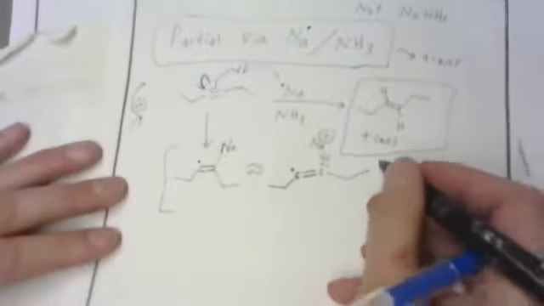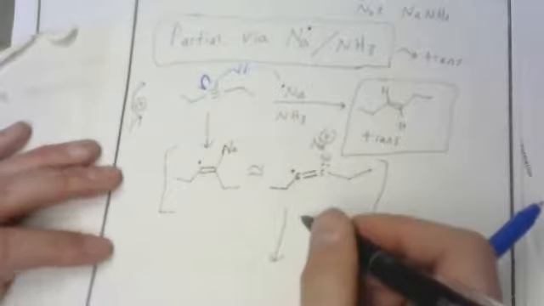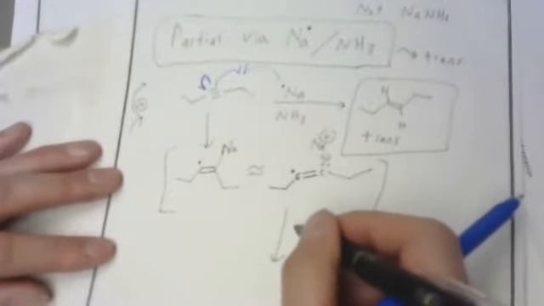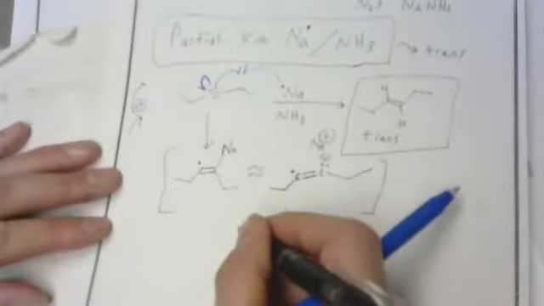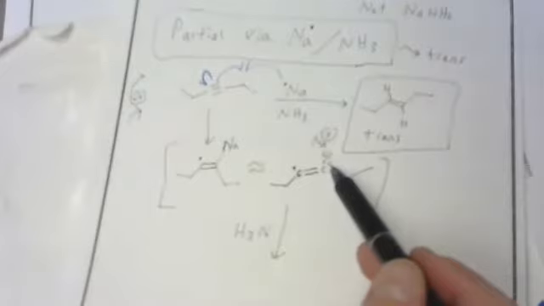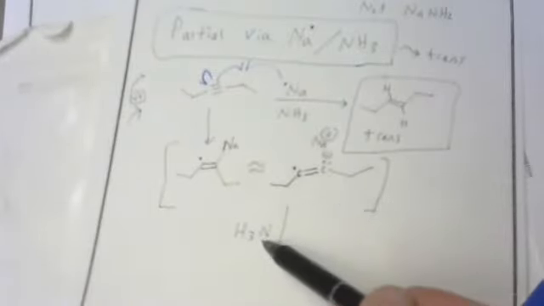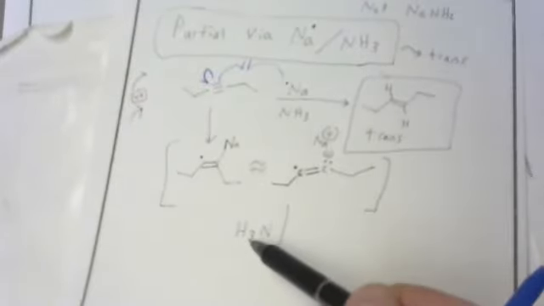Okay, cool. And if you remember something about these ionic carbons, they are super reactive. It's a strong base, right? And you have a proton source, ammonia, so this dot dot minus is actually going to grab a proton off ammonia. And that's going to give one of your H's, right?